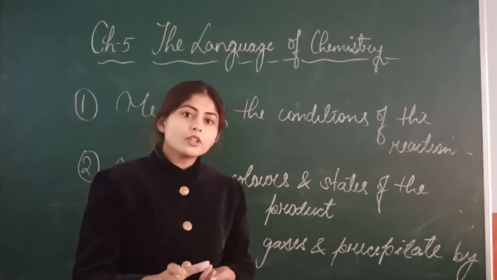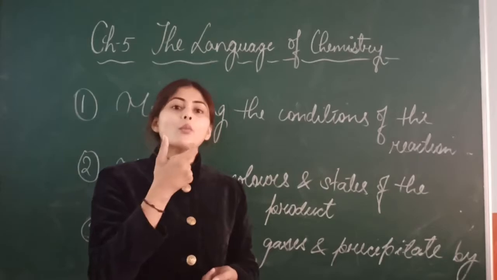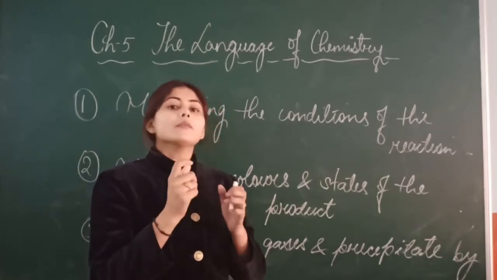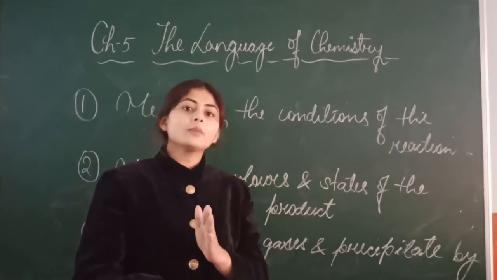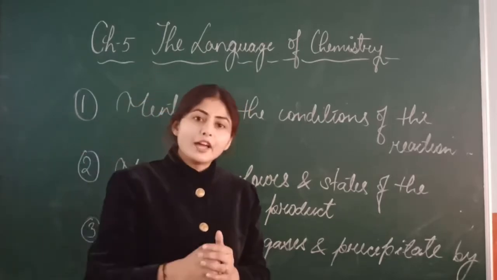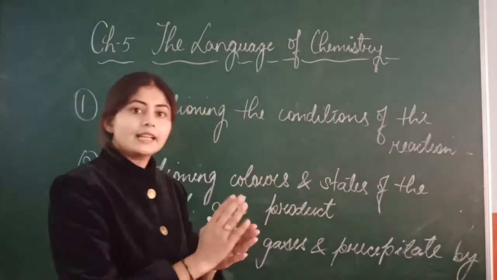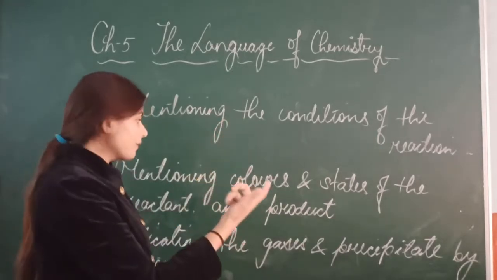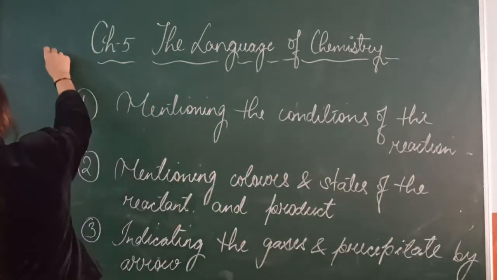In this reaction, barium carbonate is a white precipitate. That white precipitate we mention in a chemical reaction by a downward direction of an arrow. So we will indicate that precipitate by a downward arrow, and we write in a chemical reaction in this way.